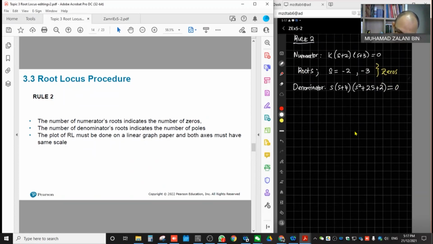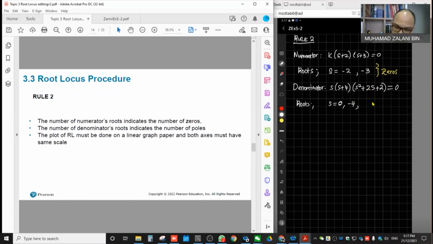Here the roots for the denominator are s = 0, -4, and for s squared + 2s + 2, you can just use the formula you learned in calculus for this sort of quadratic equation, -b plus minus square root of b squared minus 4ac.